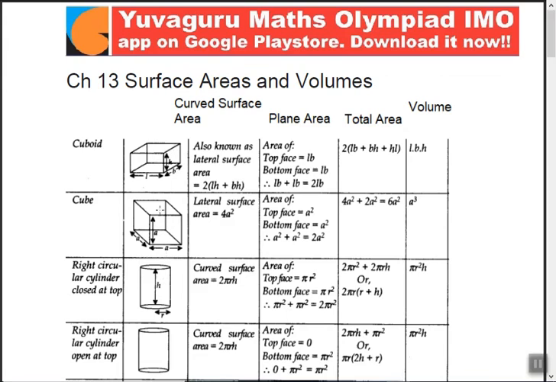Only the difference is rectangle and square. Cube is everything square, and cuboid means some are rectangles, some are squares. Length, breadth and height are all different in a cuboid, and in a cube all are the same.